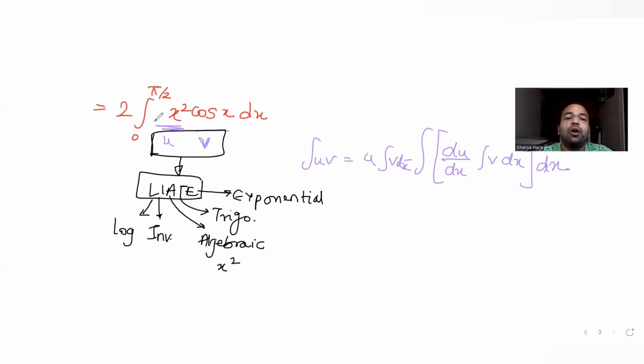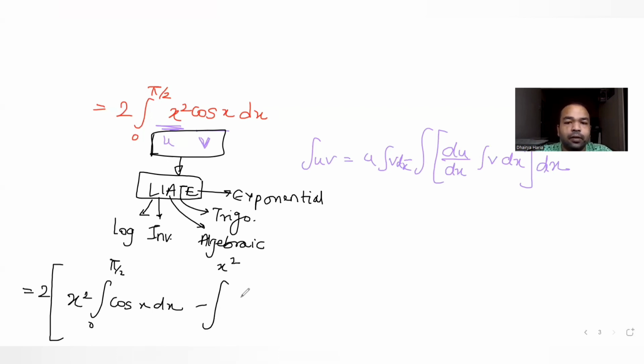So with that idea, I got u as x square and v as cos x. Now if I use the formula here, I get 2 times integral of 0 to pi by 2 x square cos x dx. So you get x square integral cos x dx from 0 to pi by 2 minus integral of the derivative of x square, that is 2x, into the integral of cos x.